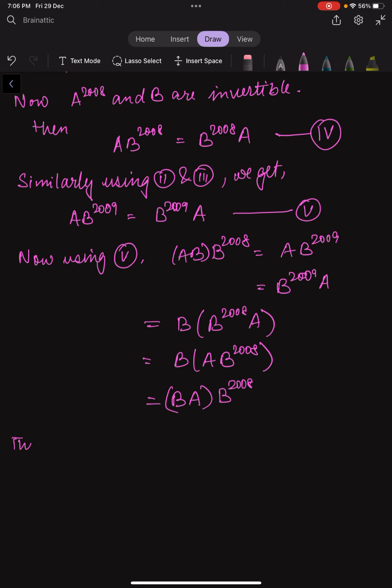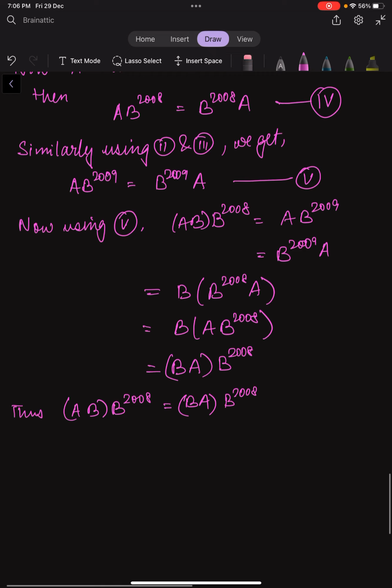Thus, AB into B^2008 is equal to BA into B^2008. Now, since B^2008 is invertible, then AB is equal to BA.